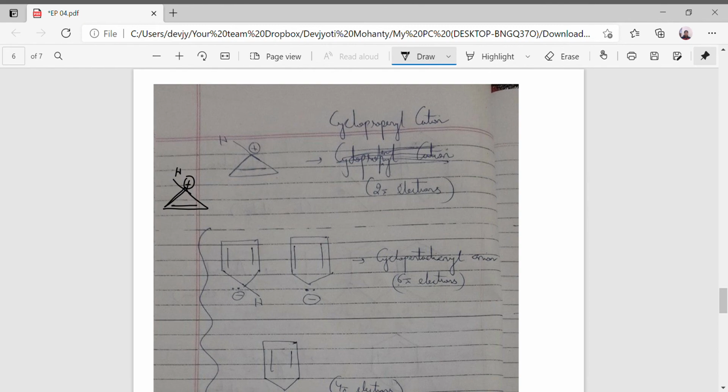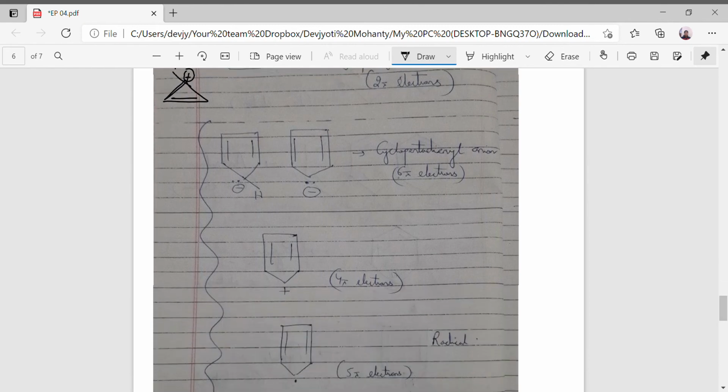Then cyclopentadienyl anion. So this one is the cyclopentadienyl anion, in which both diagrams are the same, but here hydrogen is extended. Means a lone pair along with a negative sign is placed in both the diagrams. But in the first diagram, the line is extended and a hydrogen is placed over here.